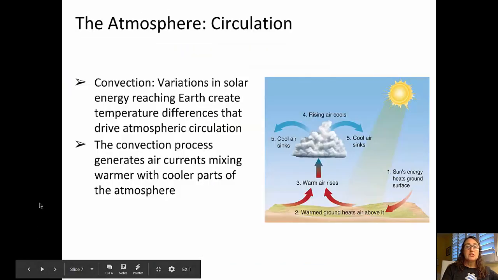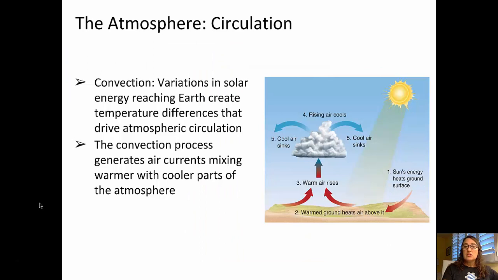In terms of atmospheric circulation, circulation in the atmosphere is dominant because of convection currents. So we think about convection as being heat rising, and that's exactly what's driving this system. It's variations in the solar energy that reach the Earth, warming up the ground, heating up the air closest to the ground, that cause that warm air to start to rise up.